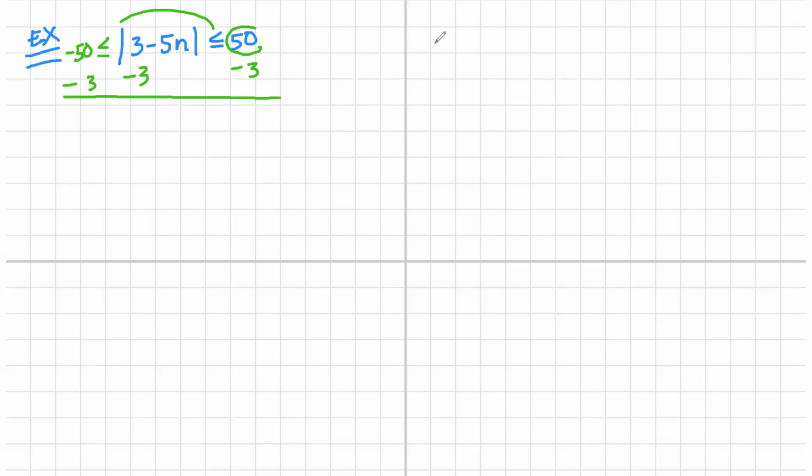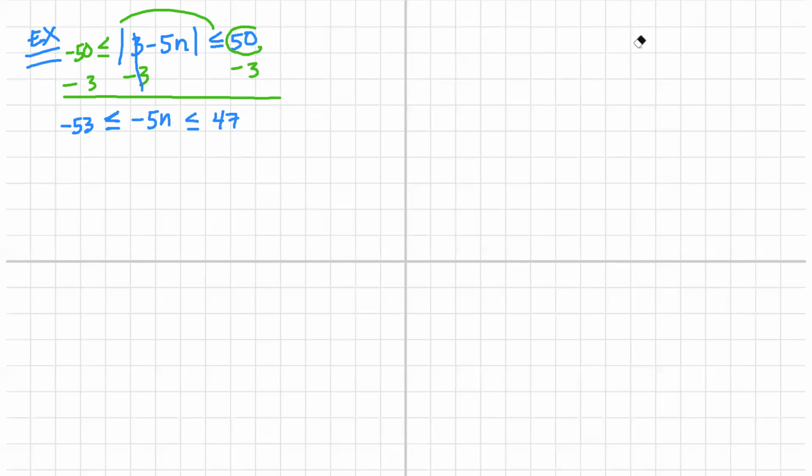This goes away. So I still have -5n here is greater than or equal to, when you read this direction, you read it backwards. So this means -5n is greater than or equal to -53, which is less than or equal to 50 minus 3 is 47.